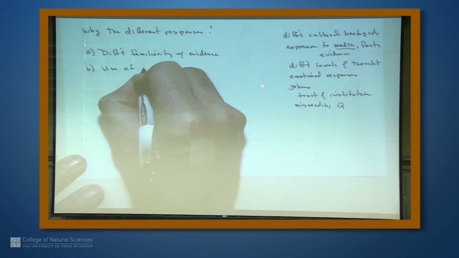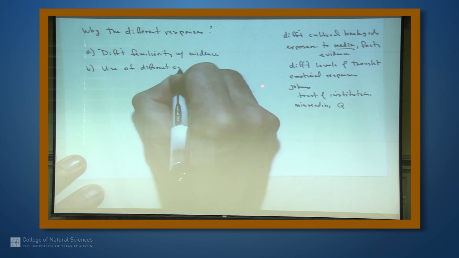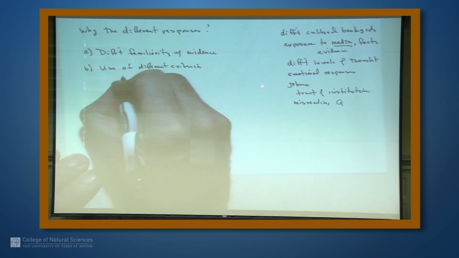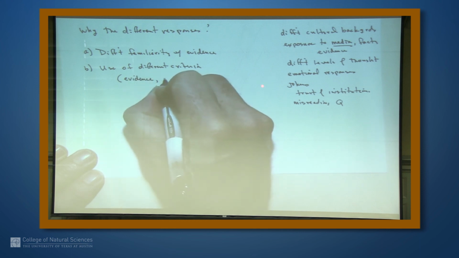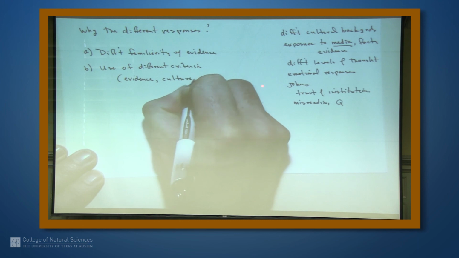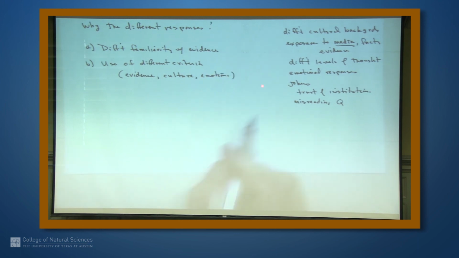Use of different criteria, how we balance everything is going to vary. So we have evidence, culture, emotions. And some people respond much more emotionally to things than other people, that is.